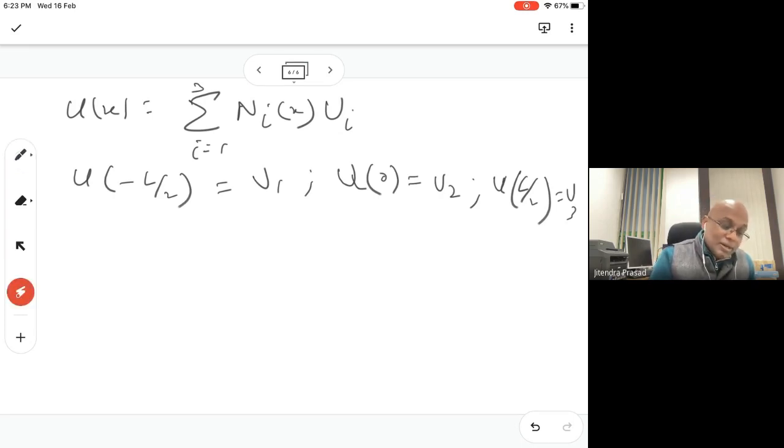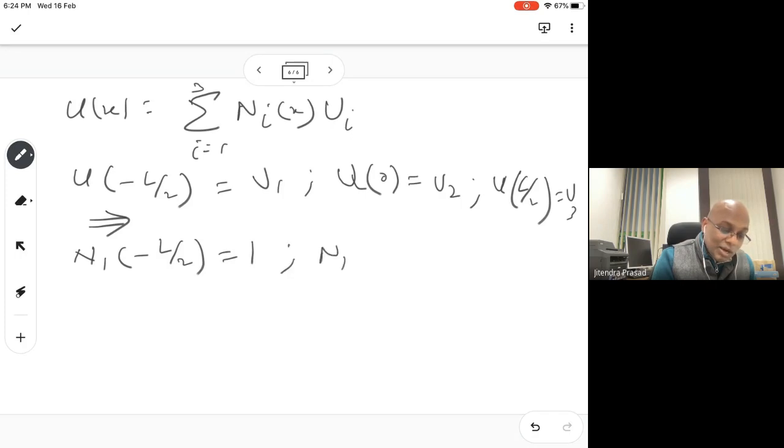Okay. So we have this. Also, this we want because this is how it is defined, and this will only be possible when N1 at minus L over 2 is equal to 1, N1 at 0 is equal to 0, N1 at L over 2 is equal to 0.